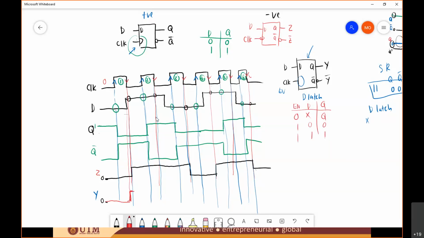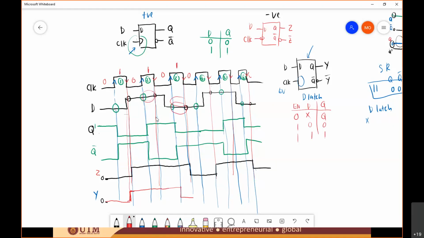And then kat sini dia kosong, so no change. Then dekat sini dia 1. Bila 1, you need to see the input D. Since from here to here your input D is 1, you just lukis 1 je. So D is kosong, another kosong, no change. Here D is 1, then you tengok input D is 0, so dia akan jadi kosong.